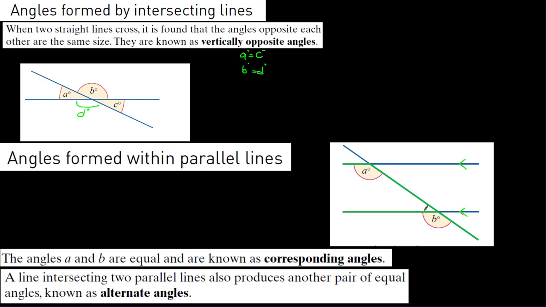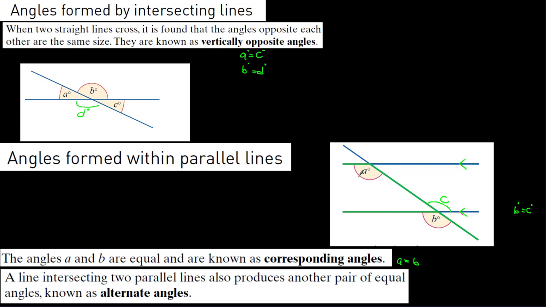Here these two are corresponding angles, and corresponding angles are equal to each other, which means A is equal to B. If I name this one C, and these two angles are vertically opposite angles, B and C are equal to each other because they are vertically opposite. Then if this is C, this angle and this angle are equal to each other because alternate angles are equal to each other.